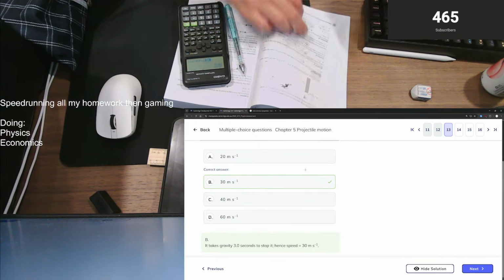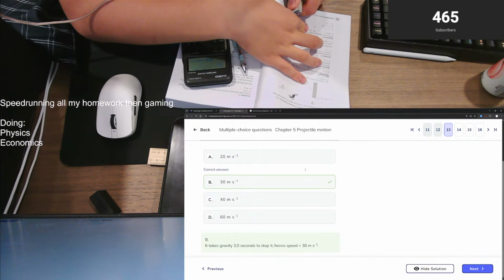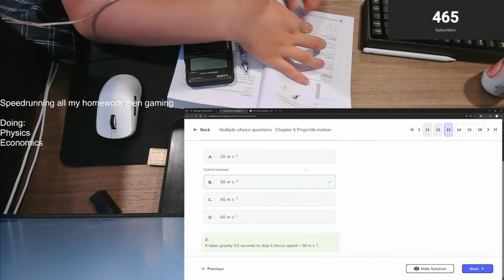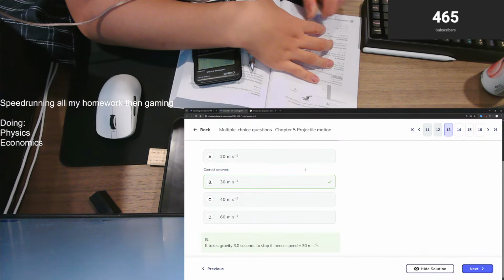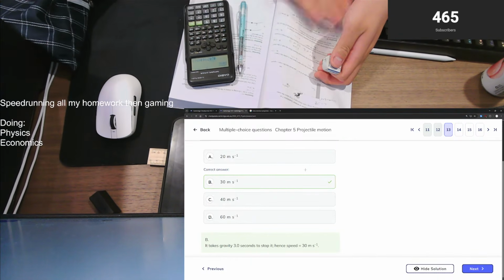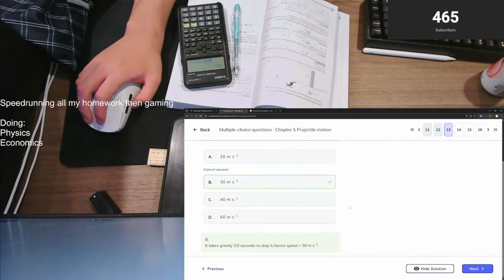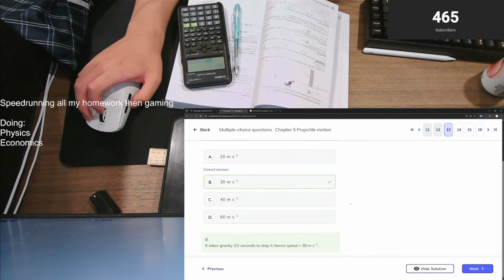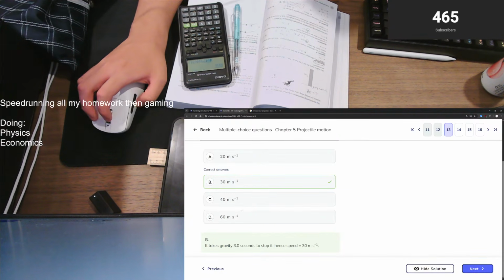How am I doing all this wrong? Part of this is wrong. Why would I study for homework?